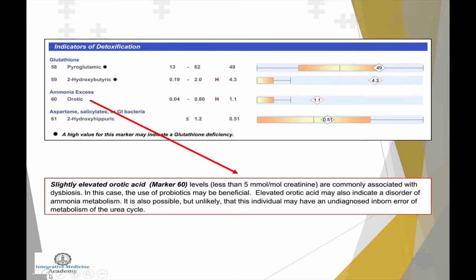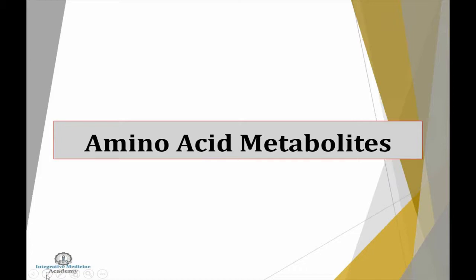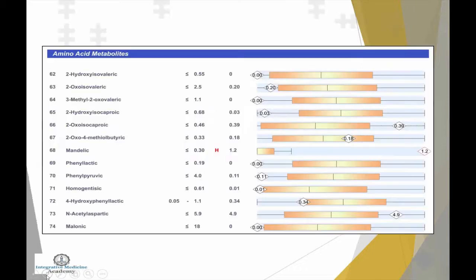In severe cases, they can be linked to some type of inborn error of metabolism linked to urea cycle defects, which could cause problems with ammonia excess. Again, that's not all that common. So most of the ones you'll see are fairly common, elevated here, usually linked to some kind of bacterial overgrowth in the gut.